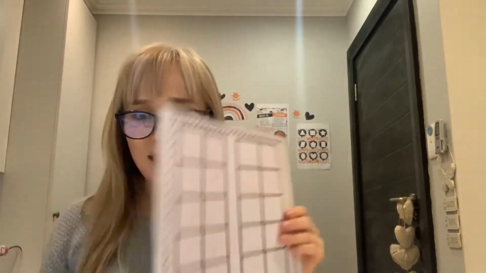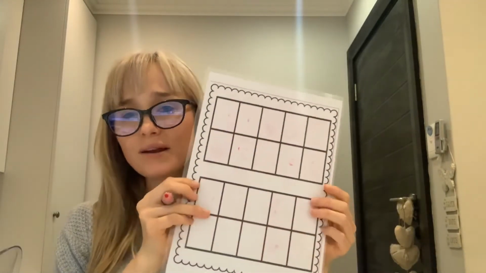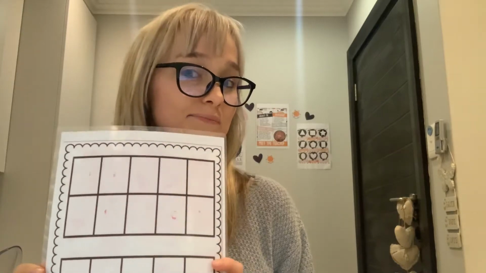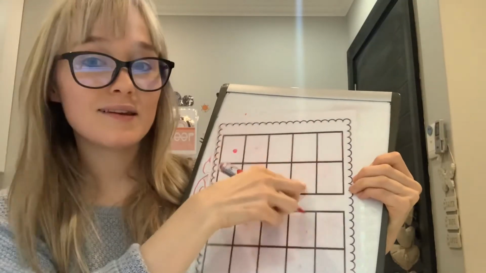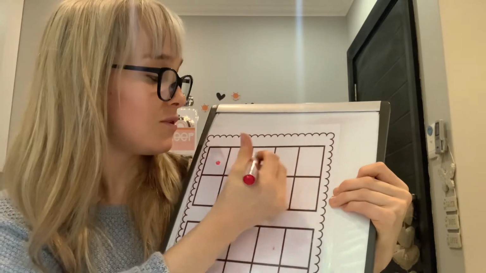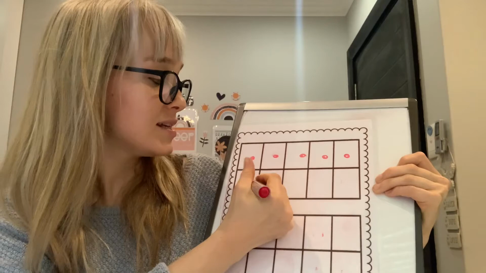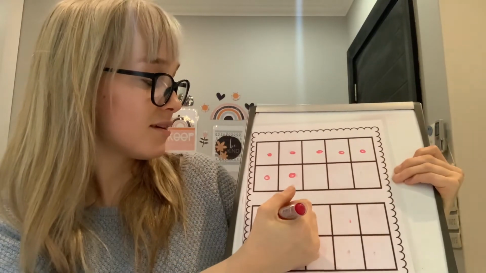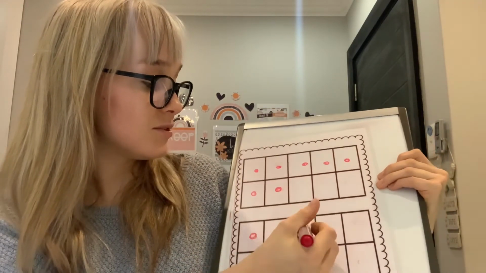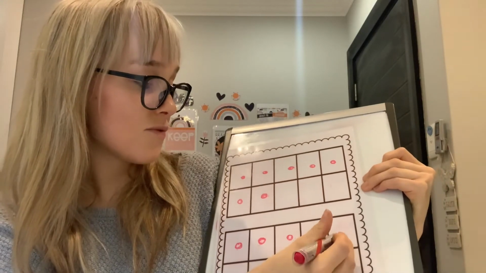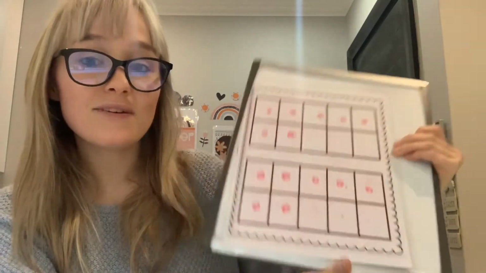If I were to work this out on my tens frame, how would I work this out on tens frames? Do you think you can tell me, Tristan? That's right. We can work it out like this. 1, 2, 3, 4, 5, 6, 7. 1, 2, 3, 4, 5, 6, and 7.